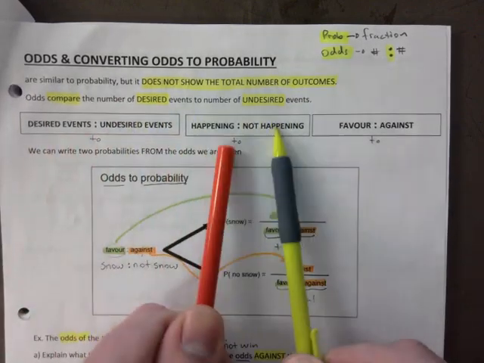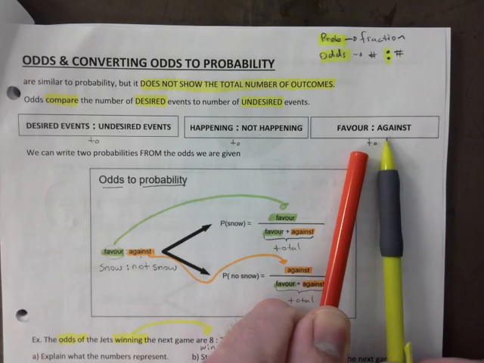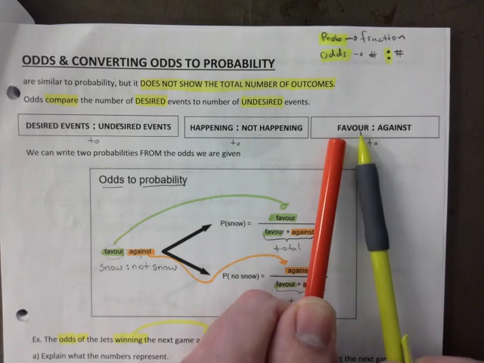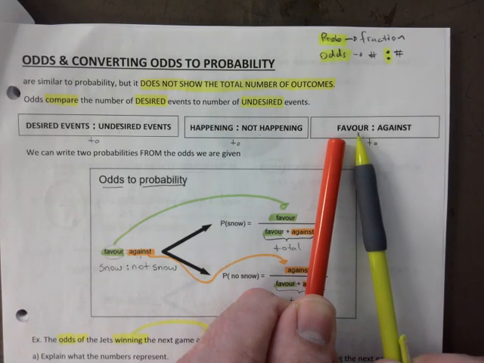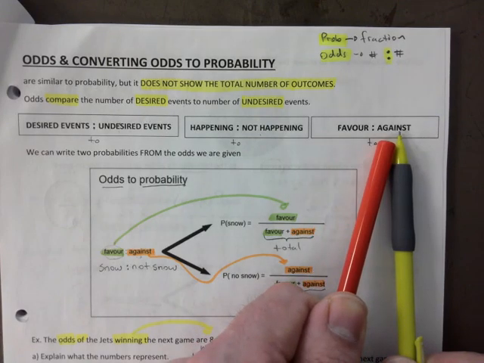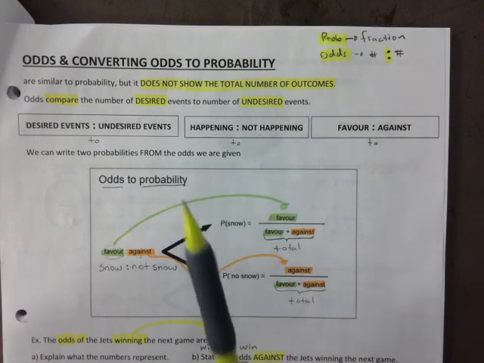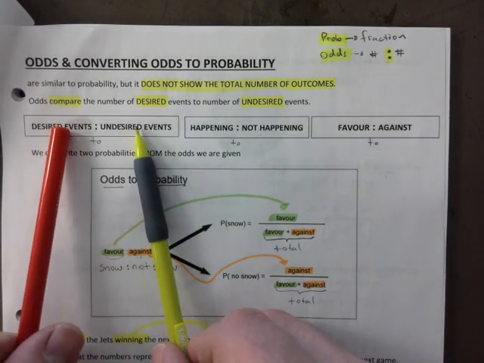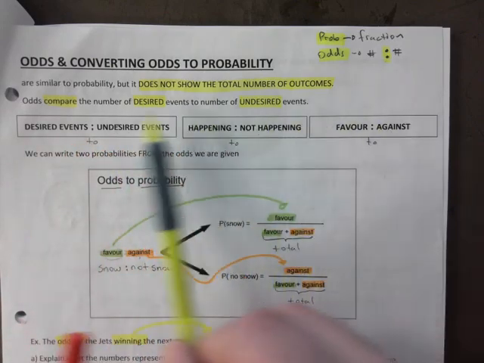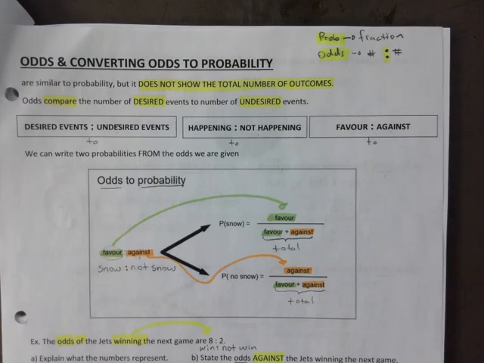So these are three different ways to think of odds. This is probably the most popular right here: the number on the left is events in favor, and on the right side is events against. This is what I want you to remember, that when you add these two up, you get your total. So no total when it comes to odds.